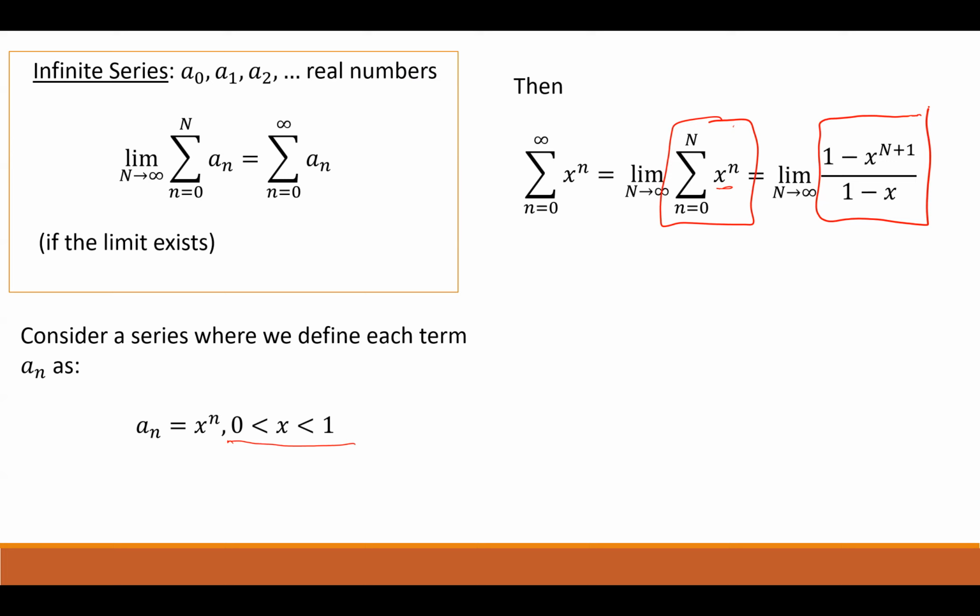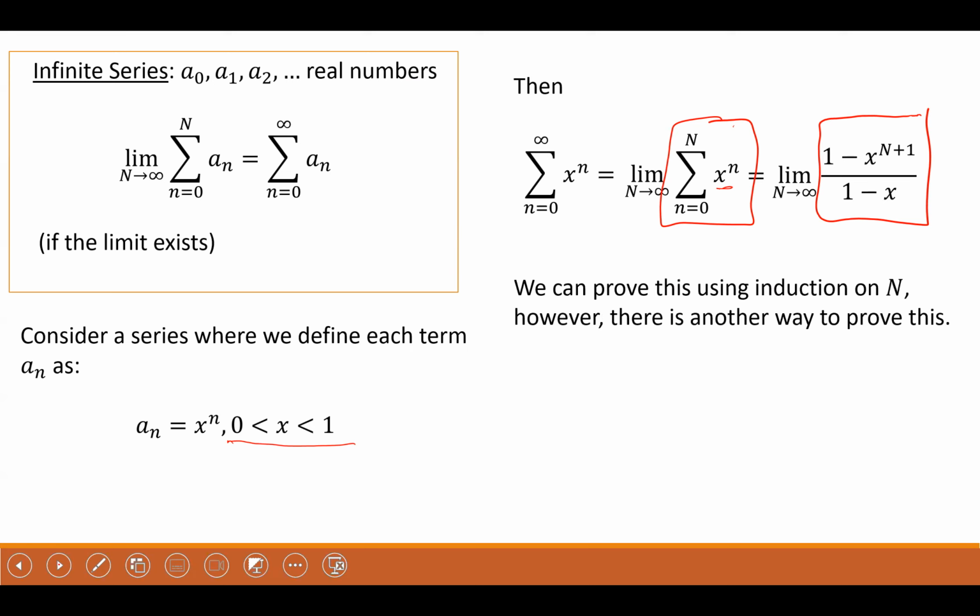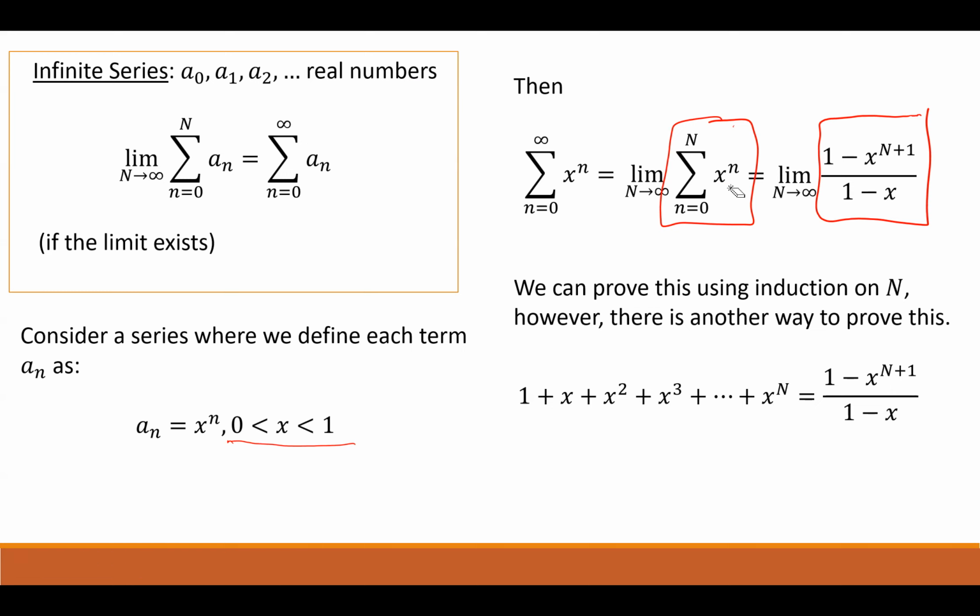This is a geometric series, right? So if you look up geometric series on Wikipedia or something, it'll give you lots of good formulas and things like that. So yeah, we could prove this by induction on big N. However, we're just going to do a little bit more of an informal approach. So if I take this summation and I expand it out, I get this, right?